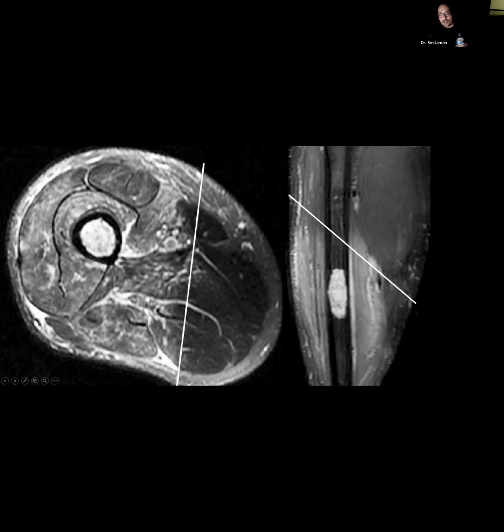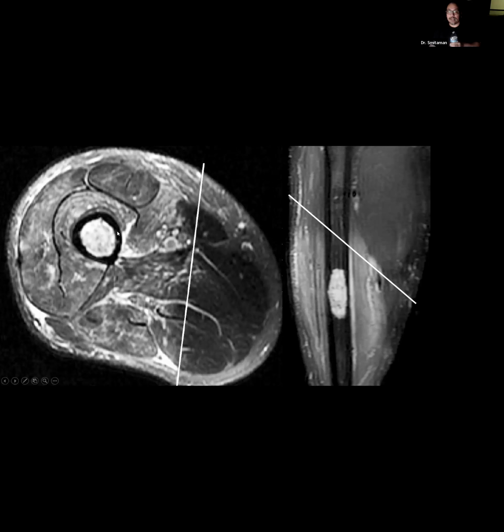And here you can see this tumor. I forget whether it was a MET or perhaps a chondrosarcoma involving the femoral shaft, but you can see that this patient was obviously radiated. And we also see the changes within the overlying subcutaneous soft tissues and fascia as well.